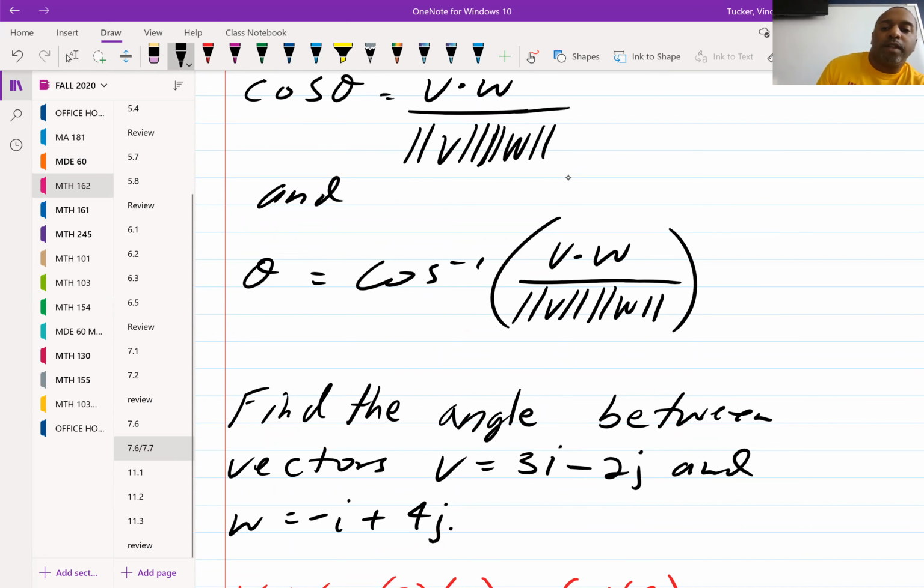All right, so we want to find the angle between vectors v, which is 3i minus 2j, and vector w, which is negative i plus 4j.